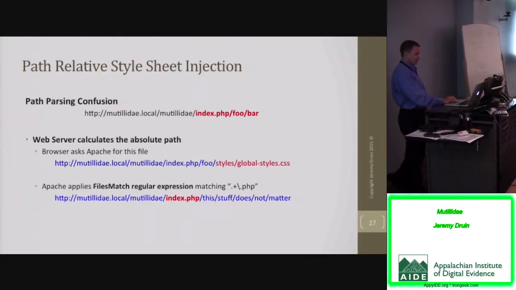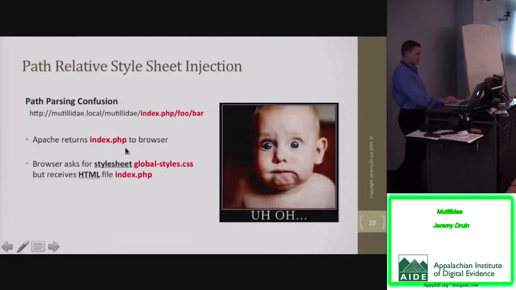So what Apache is going to see is index.php, and it's not really going to be too concerned about all that stuff that came after index.php. It's effectively going to end up looking for this file here, index.php.